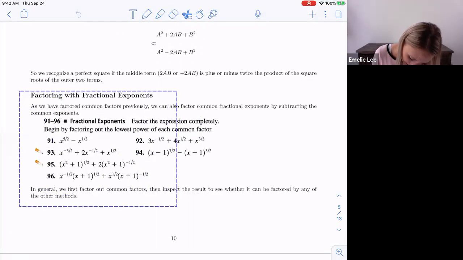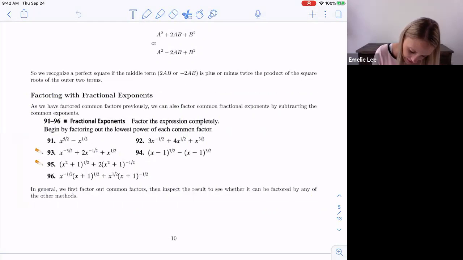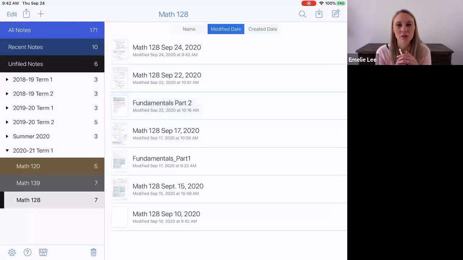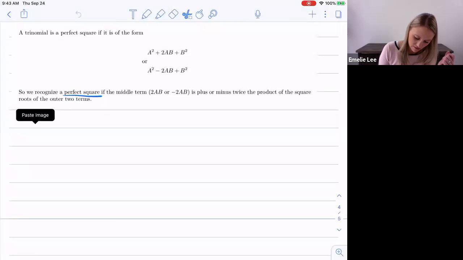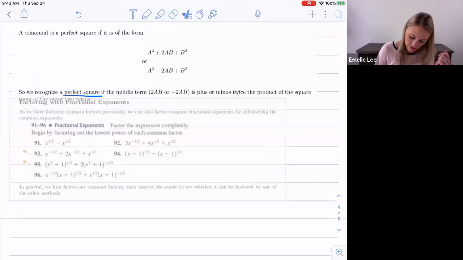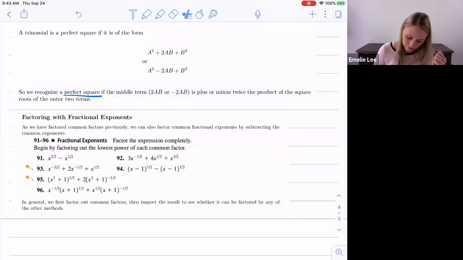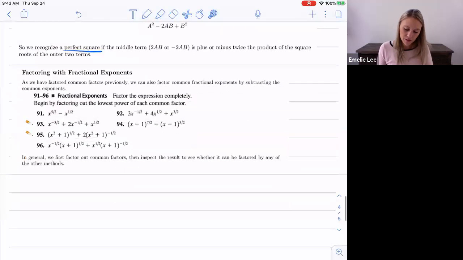Factoring with fractional exponents. Here, we're going to get to work out our exponents again. So if we have fractional exponents, something like x to the power of 5 over 2 minus x to the 1/2, we can factor these expressions still, okay?